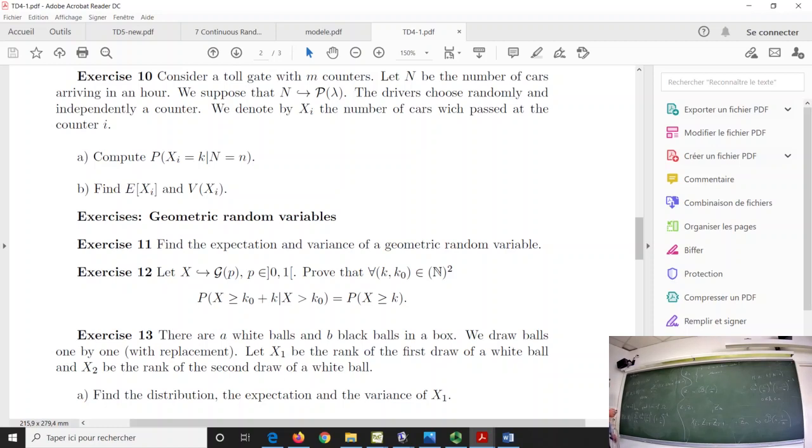Okay. And it remains to write this term here. This term comes from the statement because I know that capital N follows the Poisson of parameter lambda.